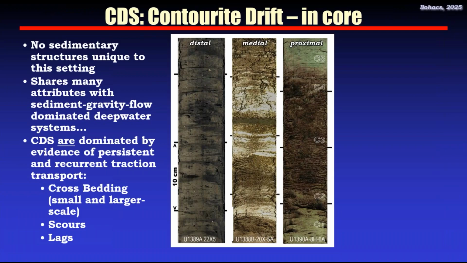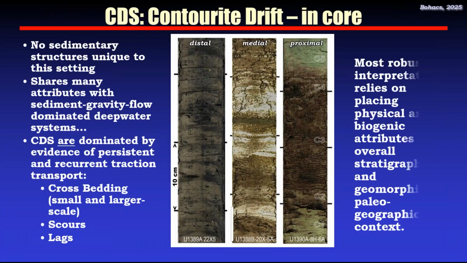And these are the key recognition criteria, along with common to abundant deepwater euryhaline body fossils. As with all other depositional environments, it's essential to place one's detailed observations into their overall stratigraphic and geomorphic paleogeographic context for the most robust interpretation.